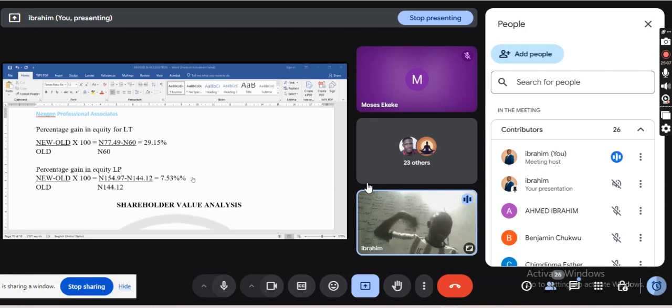Reorganization is the changes in ownership of a business. Let's quickly look at a practical illustration. You have a business that is divided into two.